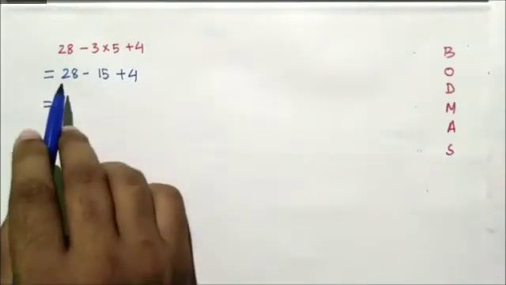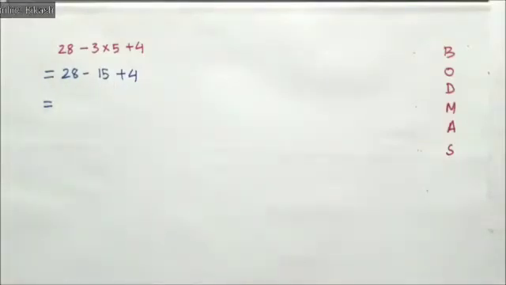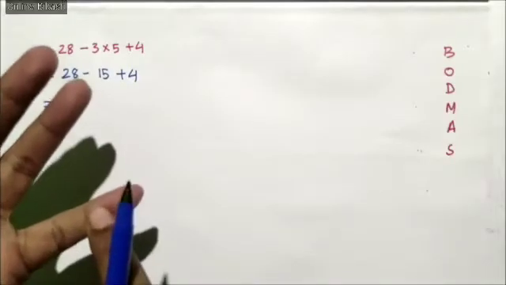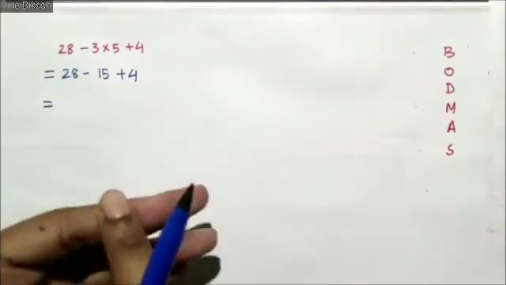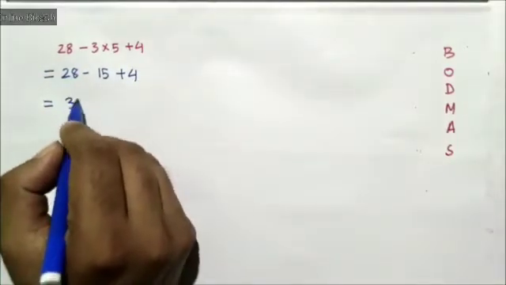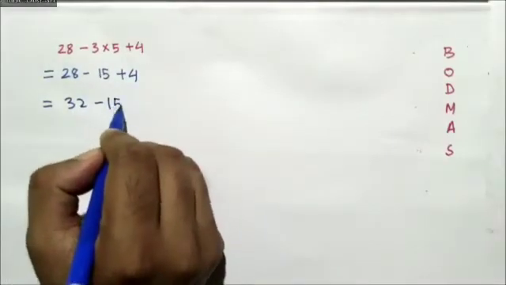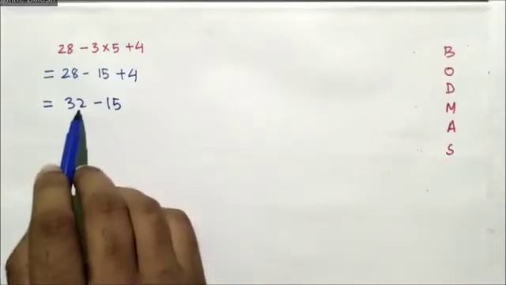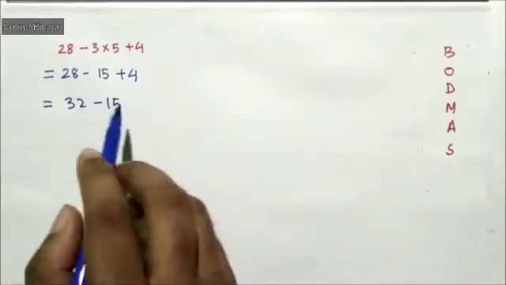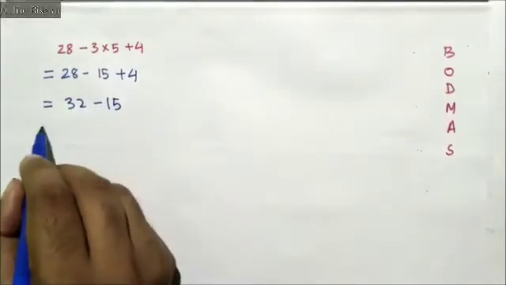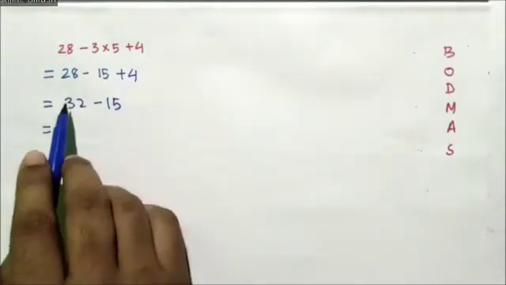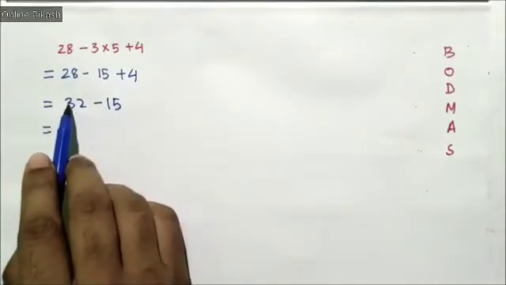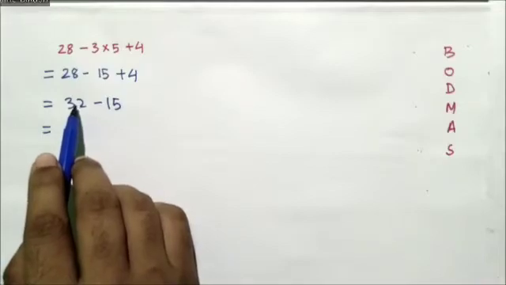If you add 28 and 4, what will be your answer? 28, 29, 30, 31, 32. Write it down: 32 minus 15. Clear? From 32 you have to subtract the 15. From the 3 you take 1 borrow to this 2, so it will become 12.